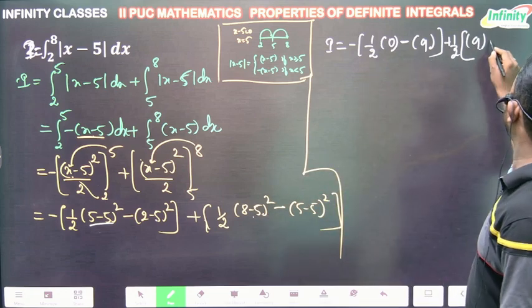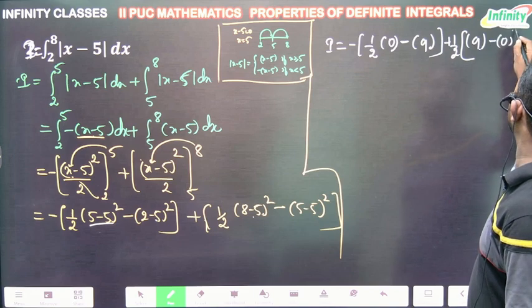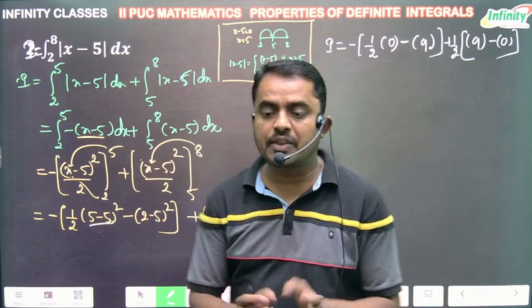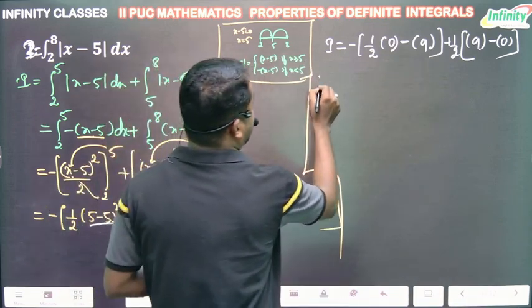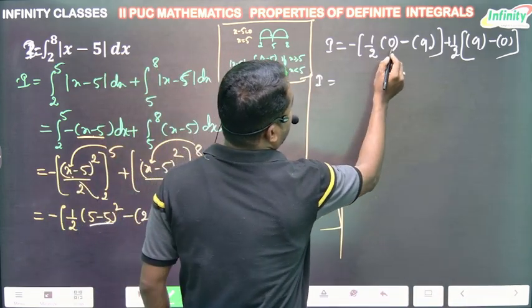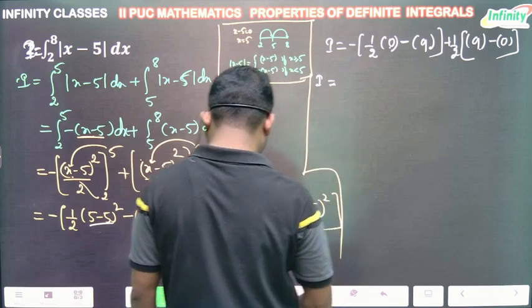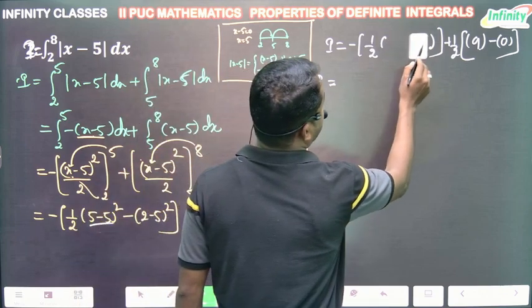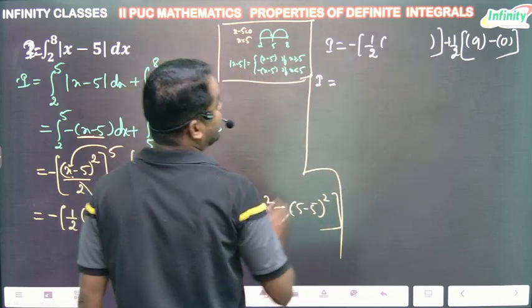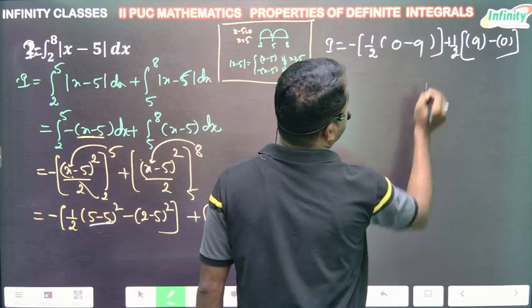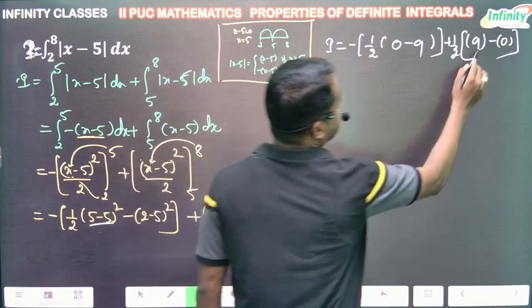Here minus 5 minus 5 will be 0. Now open the bracket, that is I is equal to 0 minus 9. Better you write here 0 minus 9, and this will be 9 minus 0.